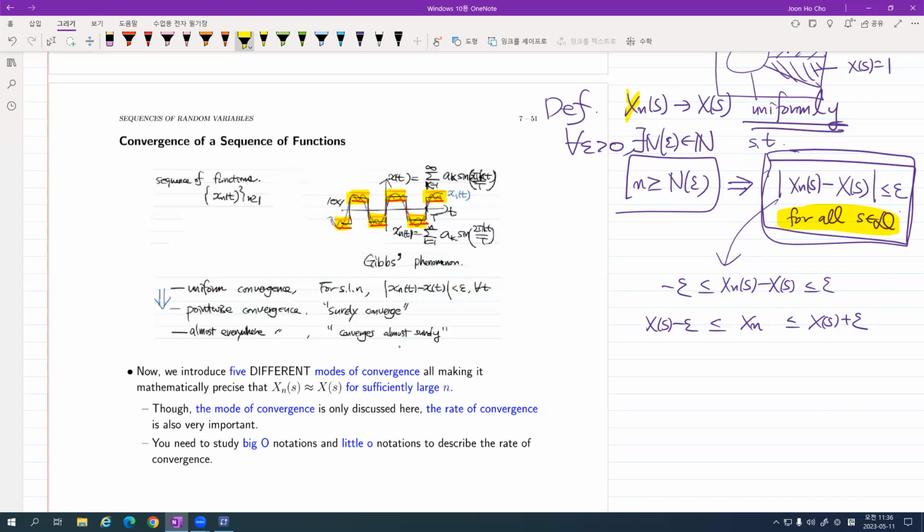And for sufficiently large n, your function must be inside those upper and lower bounds. That is uniform convergence, and this is very, very strong.